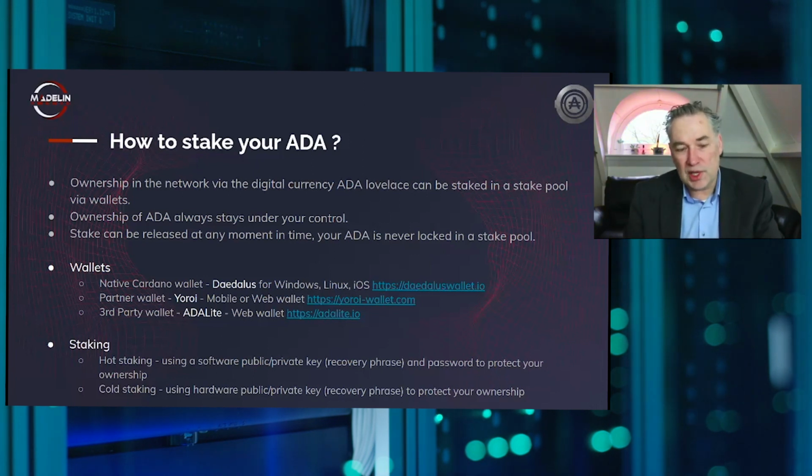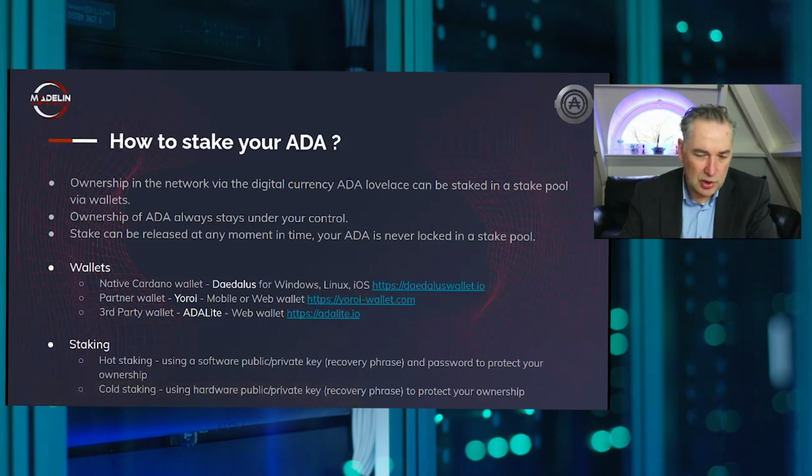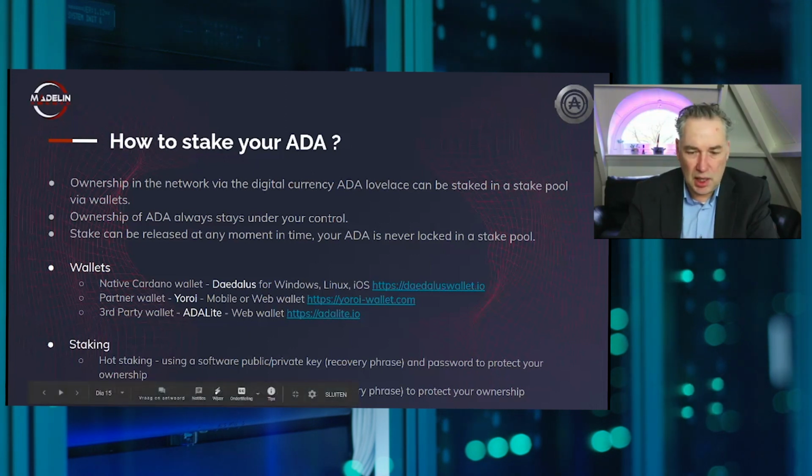And cold staking is basically the same, but in this case you protect your ownership with hardware. And your public and private keys are not stored in software, but they are stored on the hardware device. And most of the time you're not making use of a password there, but of a PIN code.